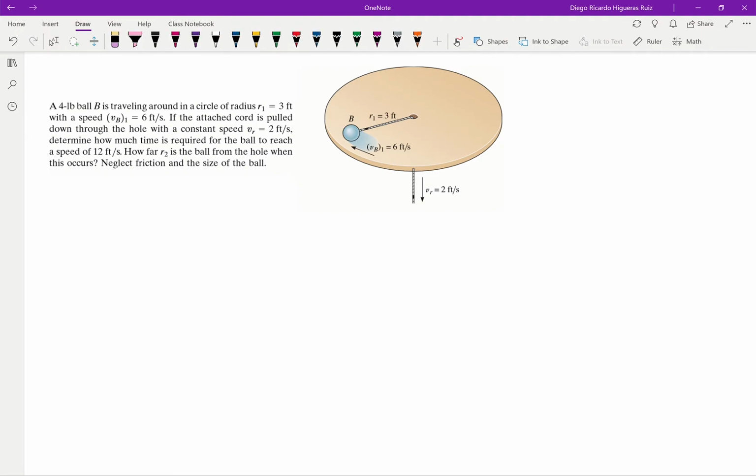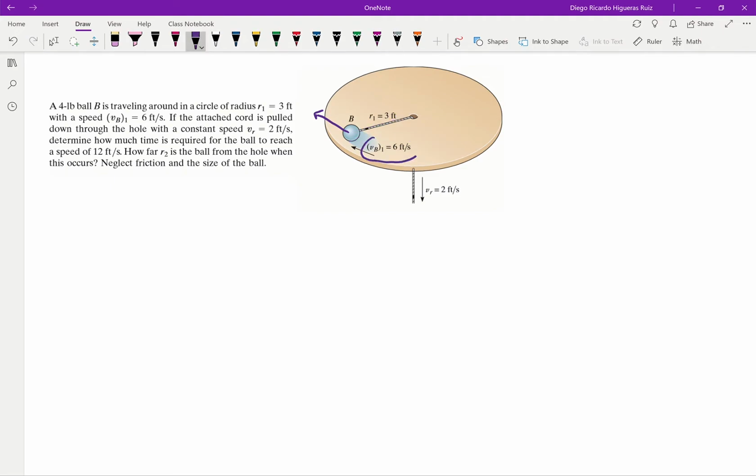Actually, let me try this velocity right here. I'm going to draw it right there. And then we also have this velocity right here. Actually, let me use different colors.